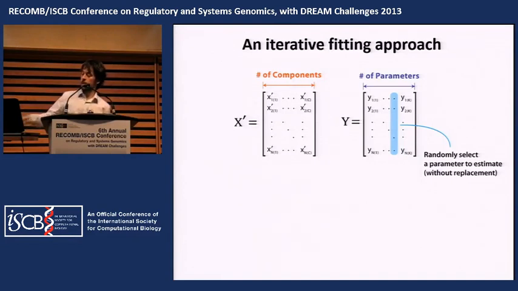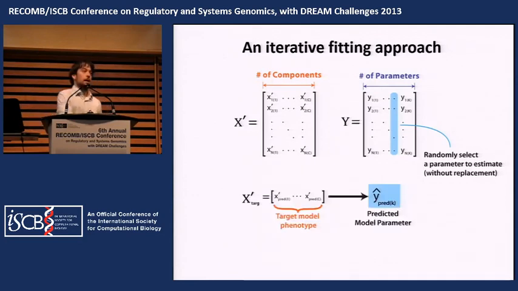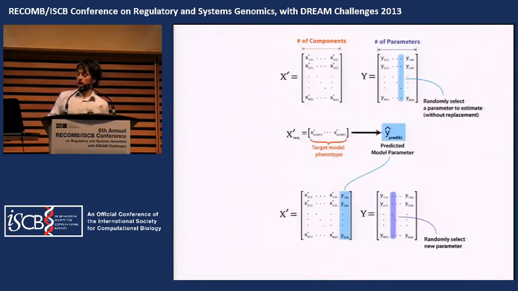I first randomly selected a column of this Y matrix to predict, so one of the 30 possible parameters that the competition organizers identified. And then I used the target model phenotype, again in reduced principal component space, to predict this particular parameter which I had randomly selected. Then I randomly chose one of the remaining parameters to fit, and I incorporated the value of the original parameter that I had already fit.